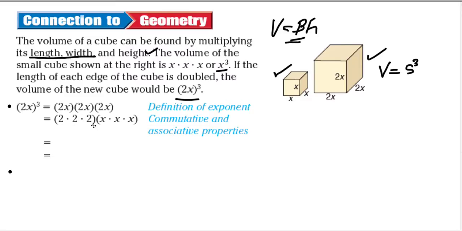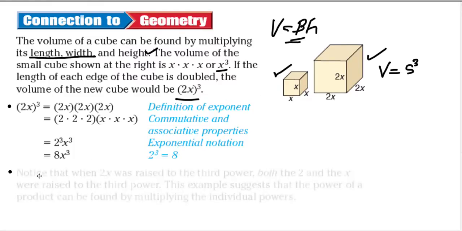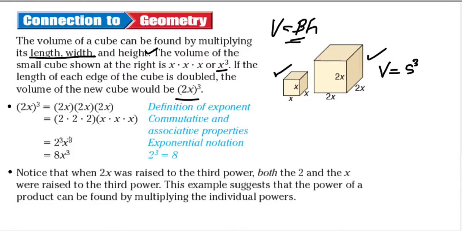We have 2 times 2 times 2, x times x times x. We end up with 2 cubed, x cubed. Then we simplify 2 to the 3rd power, which is 8, not 6. 2 to the 3rd power is 8, x cubed. And that is now the volume of our bigger cube, 8x cubed.